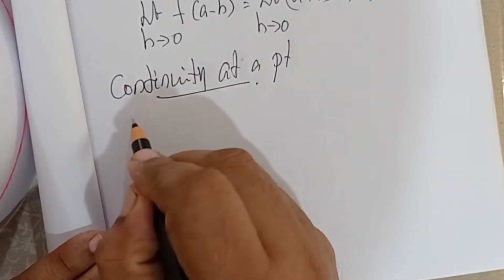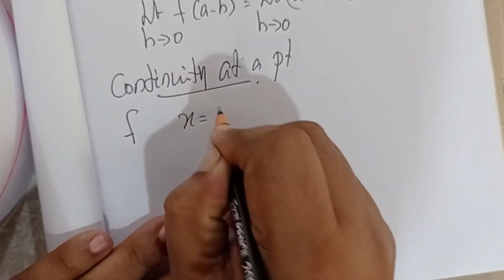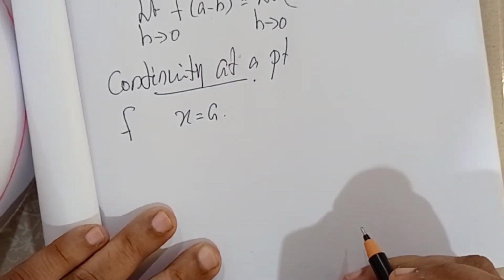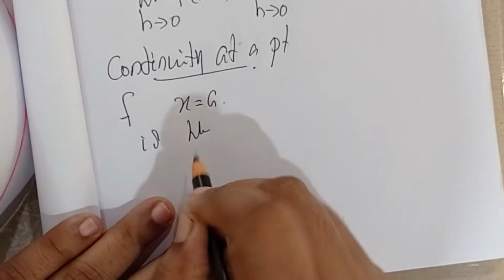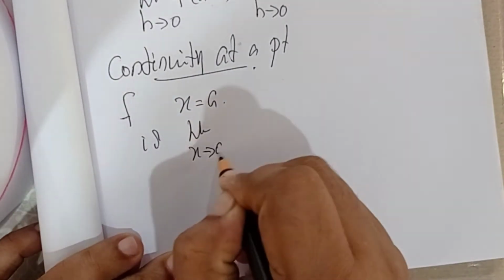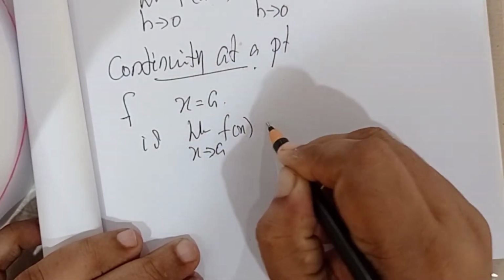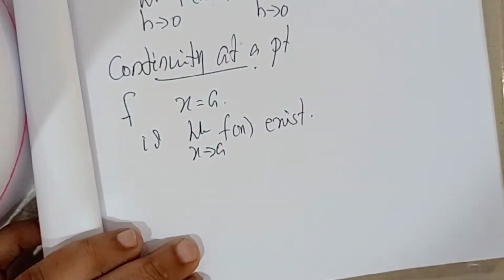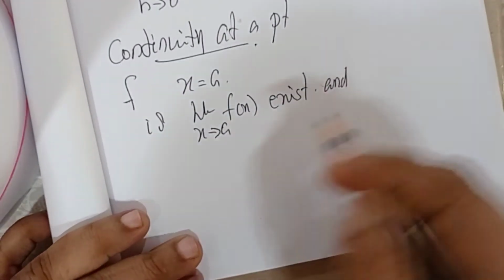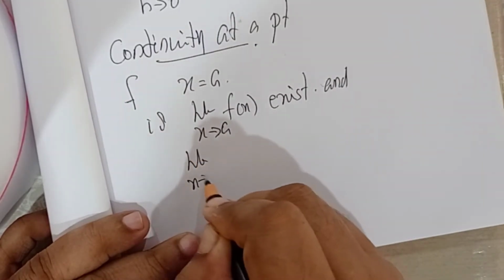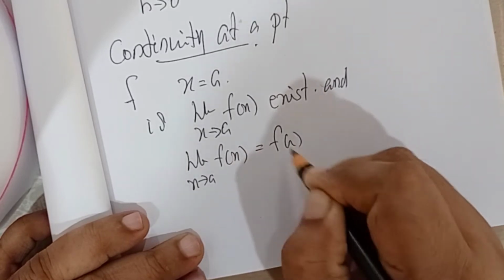A function f is said to be continuous at x equal to a if limit x tends to a f(x) exists, and limit x tends to a f(x) equals f(a).